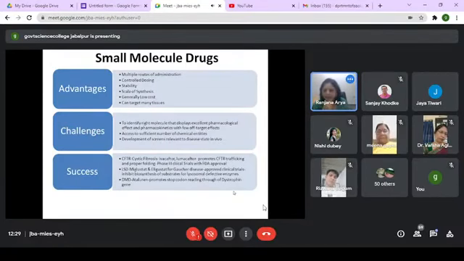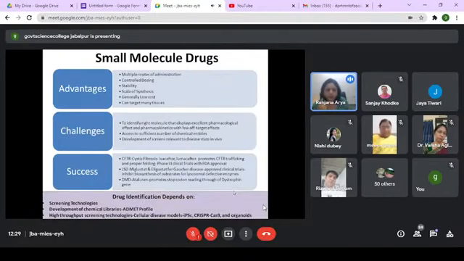Next slide, please. So when we look at the drug identification for these small molecule drugs, it will depend critically on the screening technology, development of chemical libraries. You have done a good ADME profile, and you have high throughput systems.